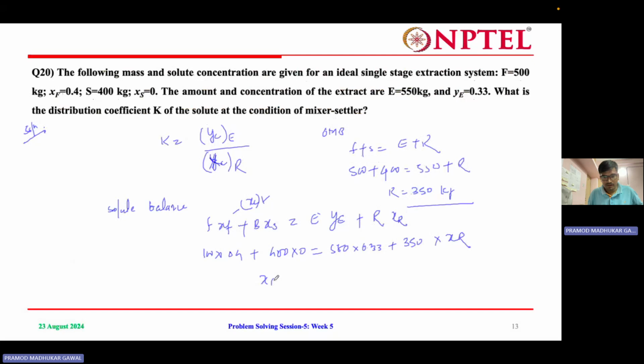So x r can say x c r, so 0.05285. So put this value in this equation. So k is a 6.24.